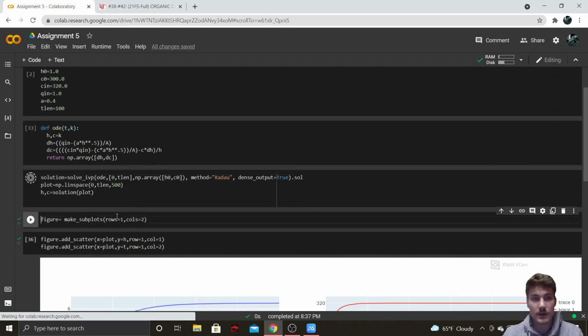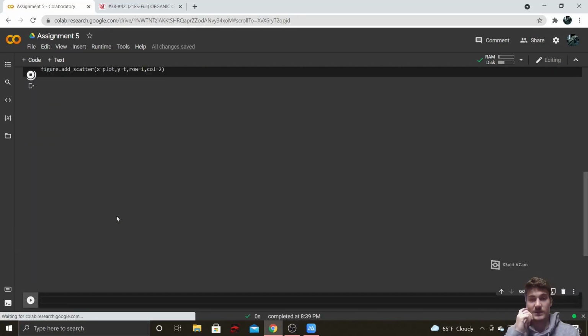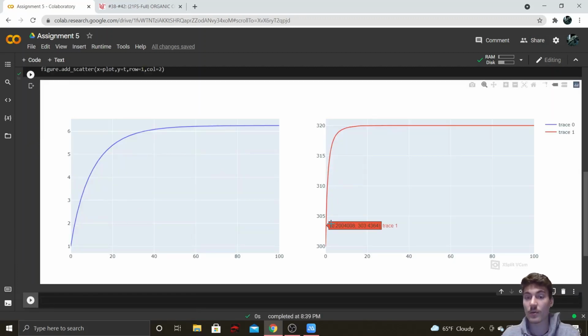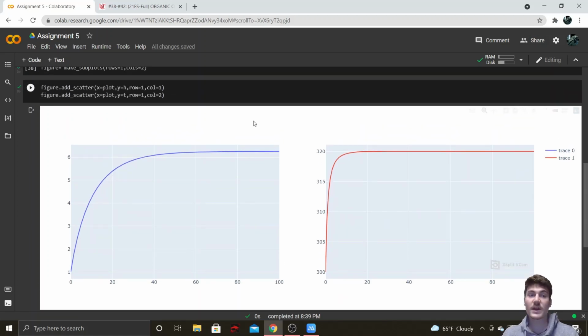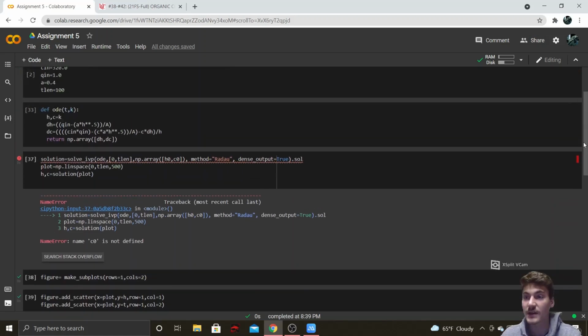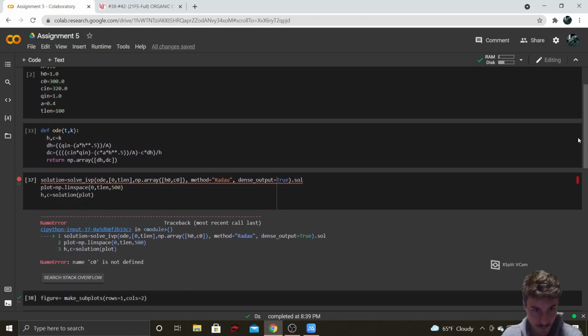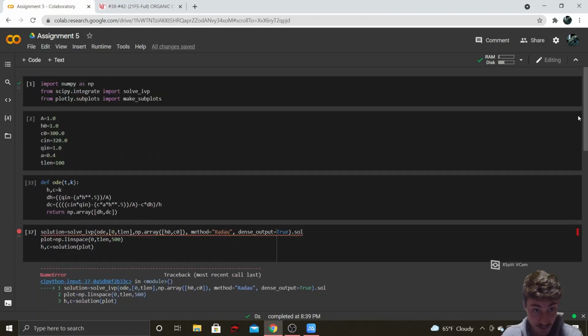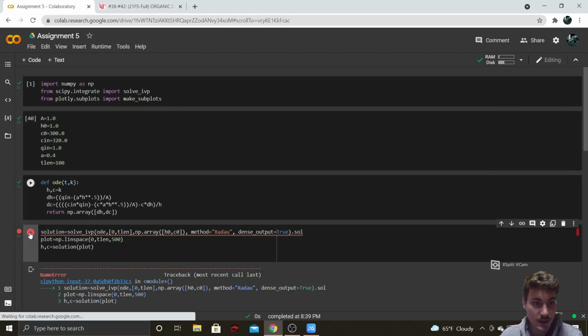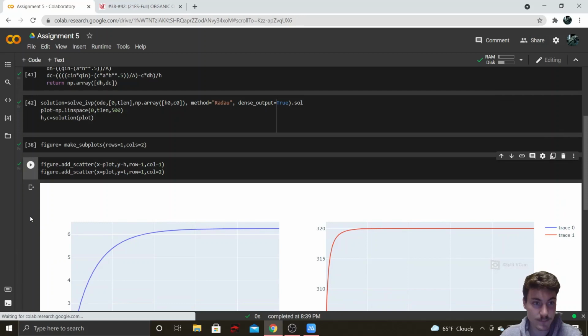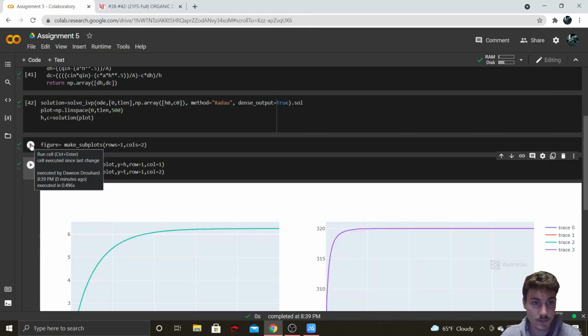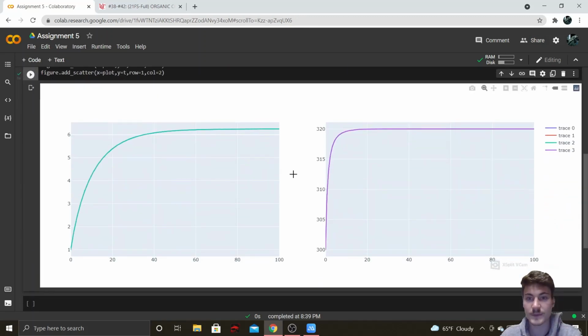Okay, so now if we do all this, we can see now that the initial concentration, of course, we can change the starting value. Oh, never mind. You can see 0 is not defined. It's defined. Oh, I never changed everything up here. Okay, so now we have the same different plots.